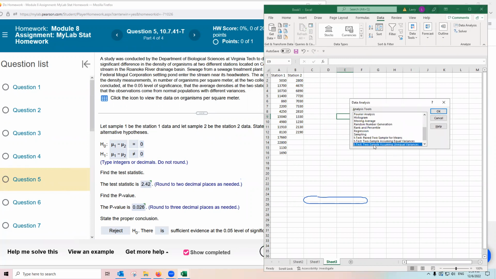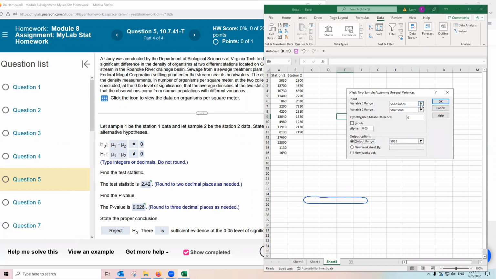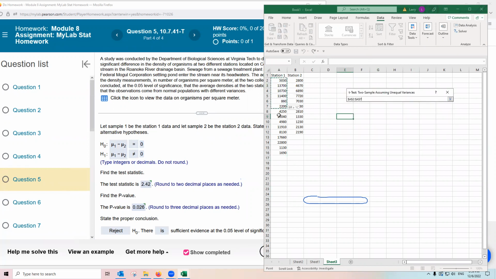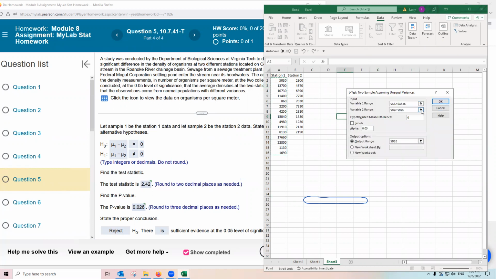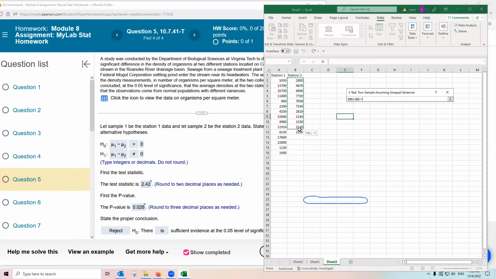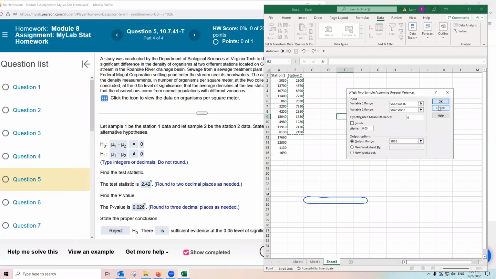I'm going to use the same t-test two-sample with unequal variances. Say, okay. The first column is going to be this data right here. The second column is going to be this data right there. And again, I'm just going to put the output here starting at D2.